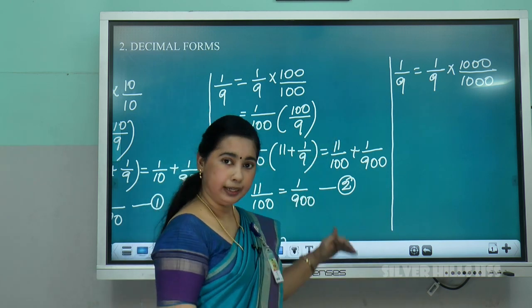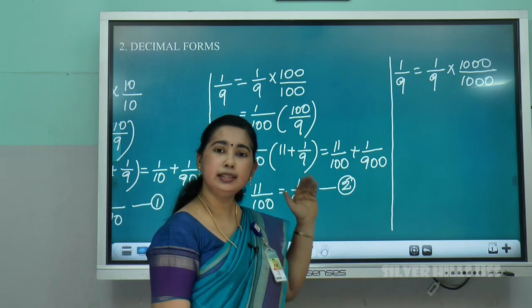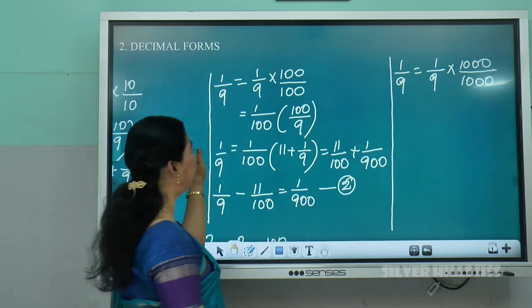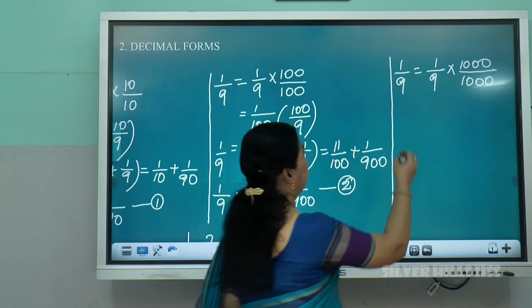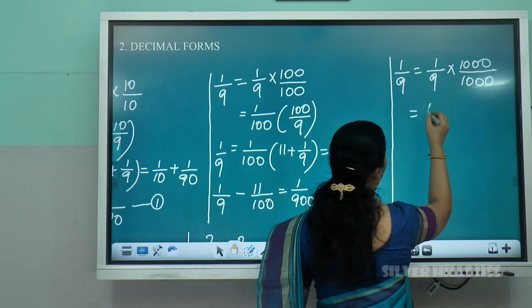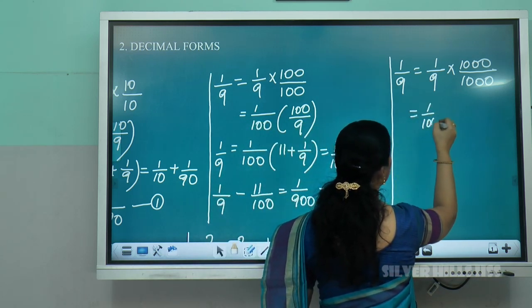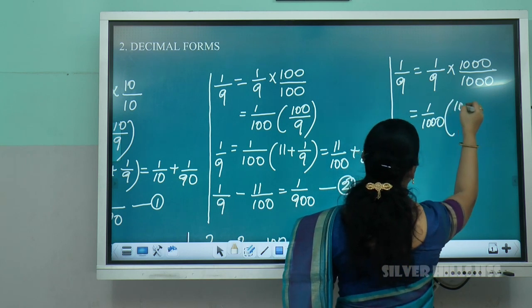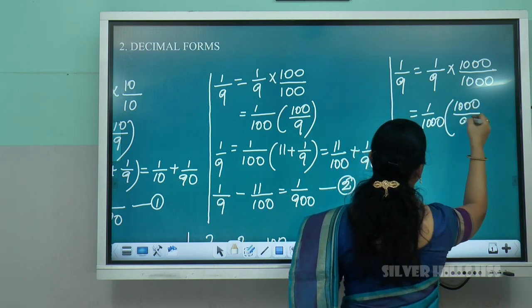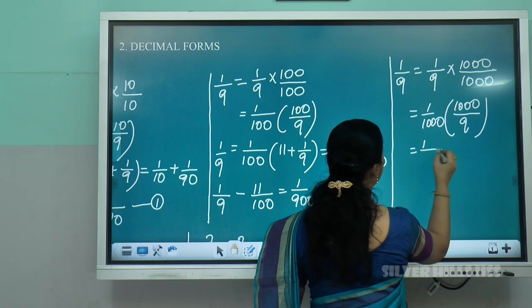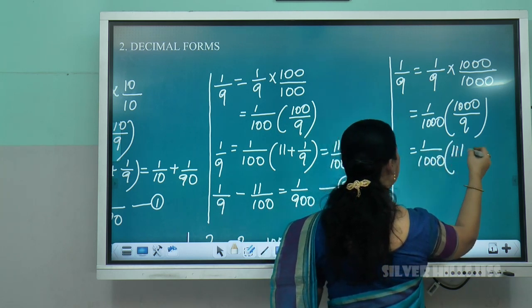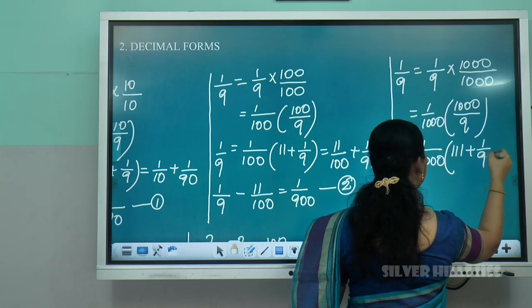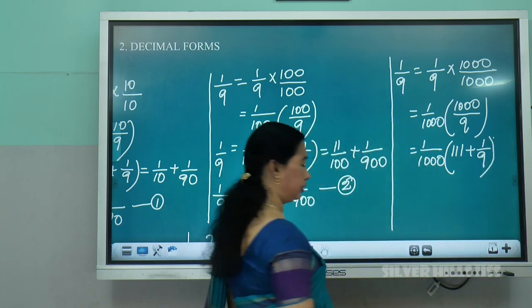Moving to the next step, we are moving in the same way. What we have done in the earlier two, the same thing we are going to write over there. So, this becomes 1 by 1000 into 1000 by 9, that is equal to 1 by 1000 into 111 plus 1 by 9, by making it a mixed fraction.